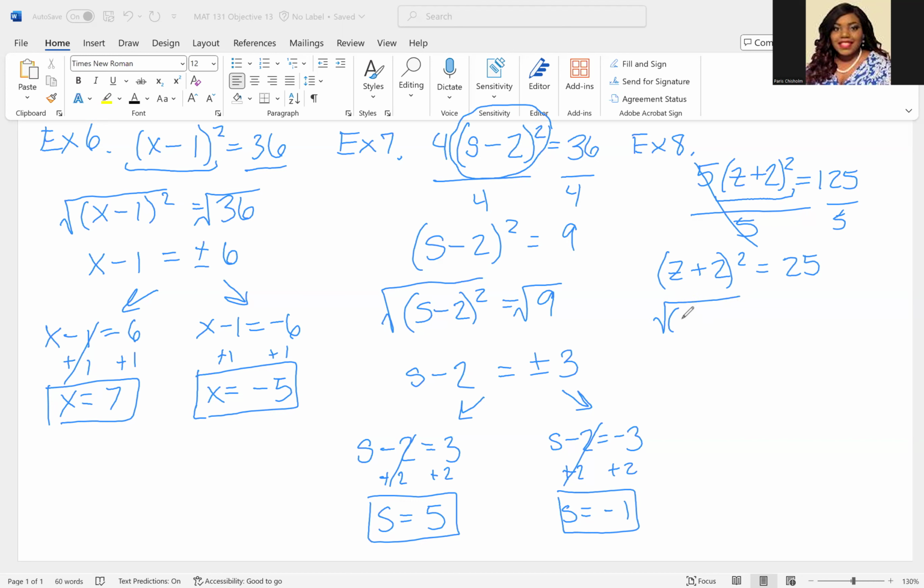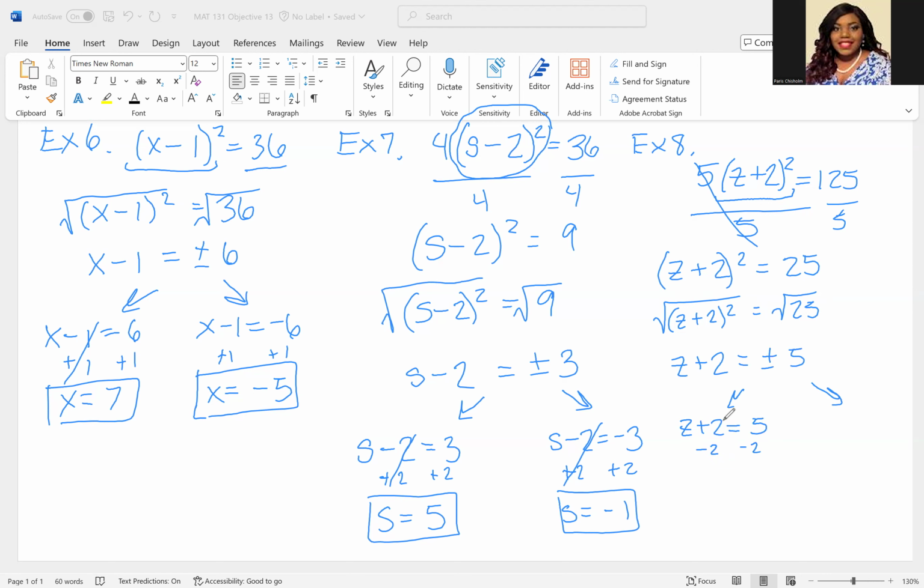Now that we have something squared equals a perfect square, we can take the square root of both sides. When we take the square root of (z + 2)², z + 2 is going to come out, and the square root of 25 is going to be plus or minus 5. Y'all should know the routine by now. We're going to set up two problems. z + 2 equals 5.